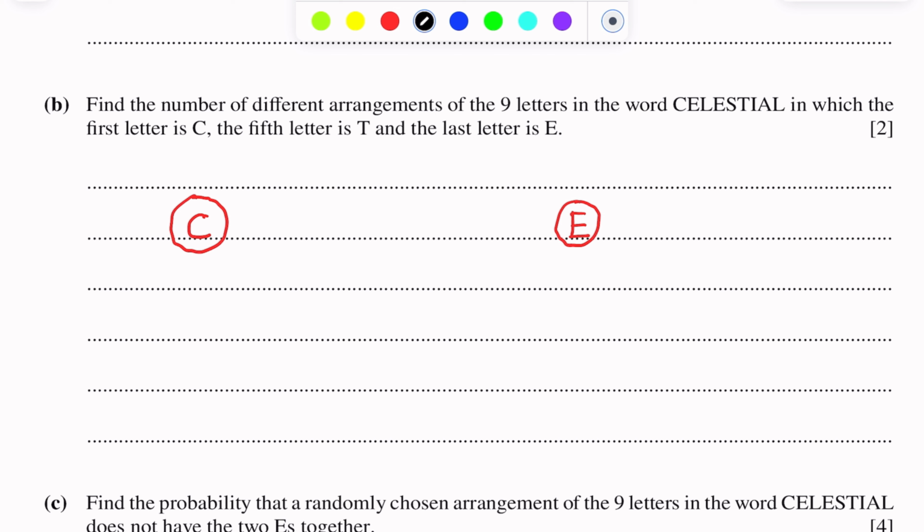Number 1 E, number 2 L, third S, fourth I, fifth is T, because this is a restriction, it is given the fifth letter is T, so we write T here.